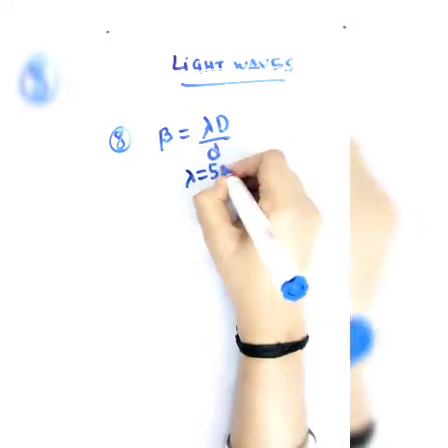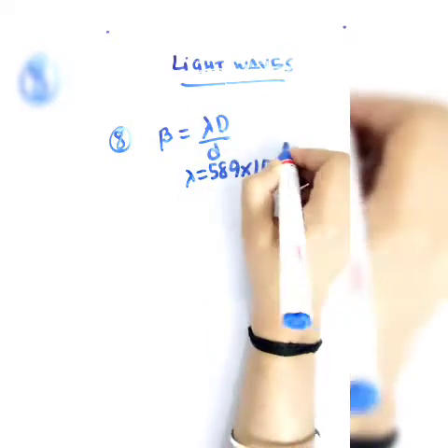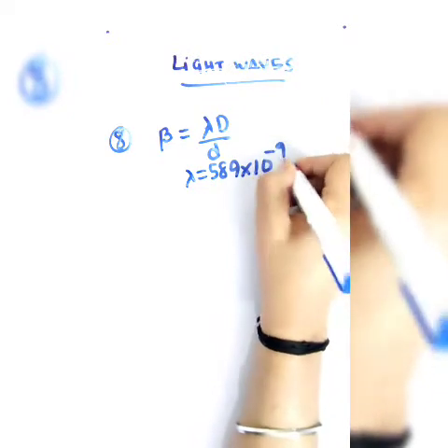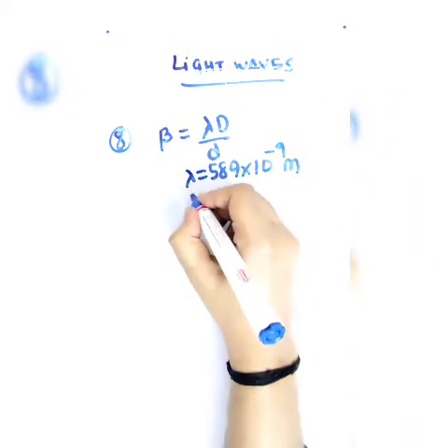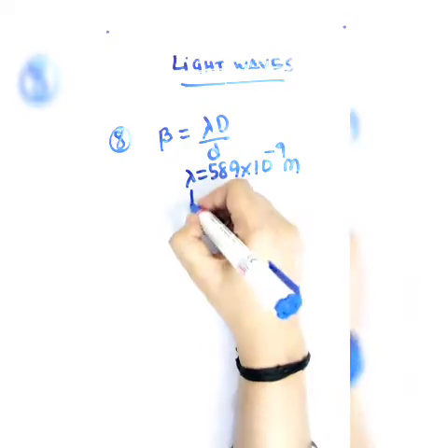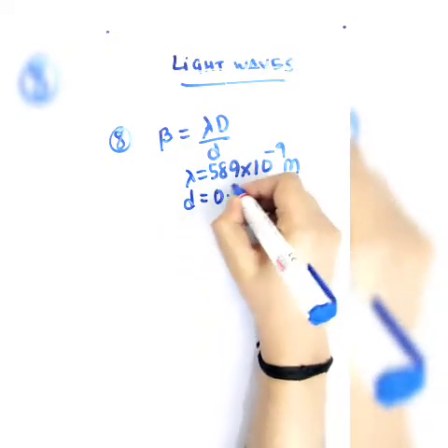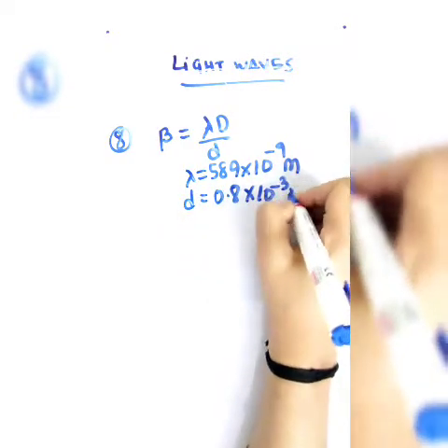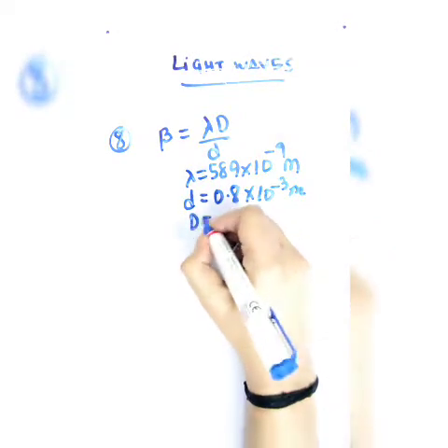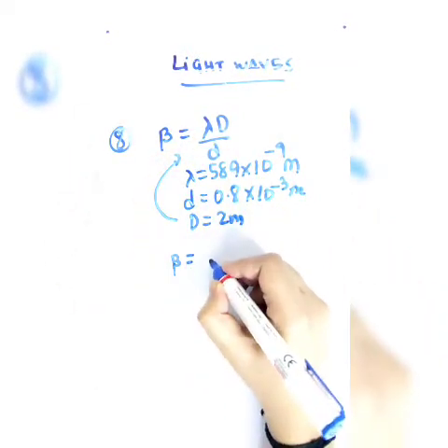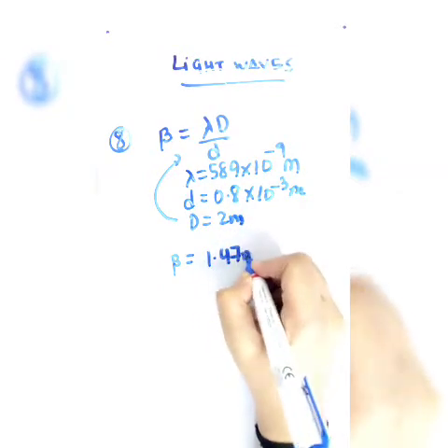Lambda is given to be 589 nanometers, that is 589 into 10 power minus 9 meters. The slit distance small d is 0.8 millimeter, and D is 2 meters. Substituting all the values in this expression, you will get the value as 1.47 millimeter.